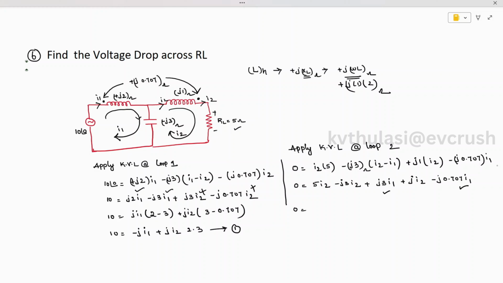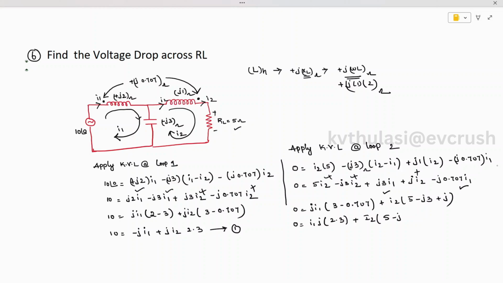Okay, so from here we are going to take I1 as a common term. So 0 is equal to J I1, which is 3 minus 0.707, and taking I2 as a common term, you are going to get I2 of 5 minus J3 plus J. Just to simplify it, you are going to get I1 into J, 3 minus 0.707, which is 2.3, plus I2 into 5 minus J2.